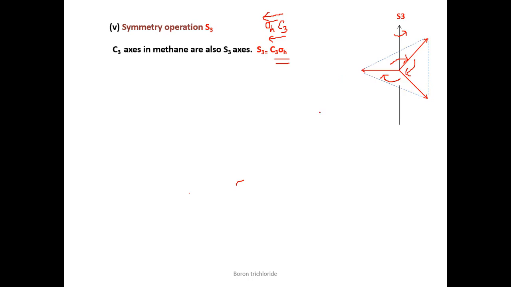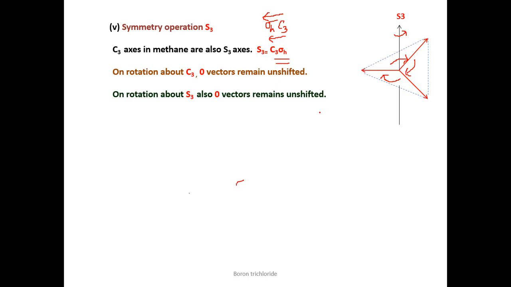And now when you reflect it along the perpendicular plane, since already all the vectors are shifted, there is no unshifted vector, and so 0 vectors remain unshifted.